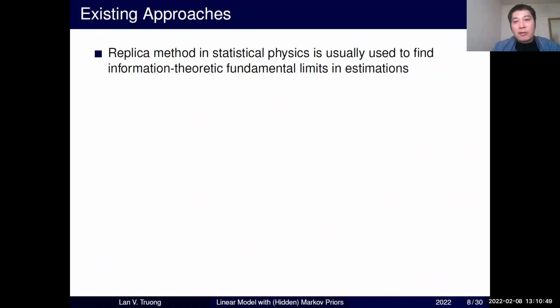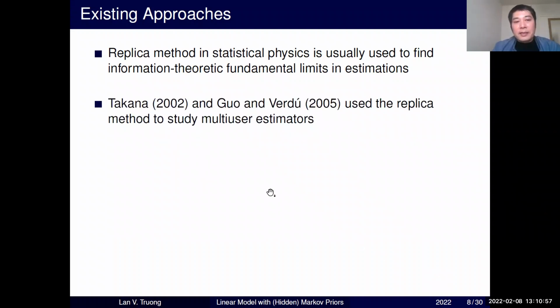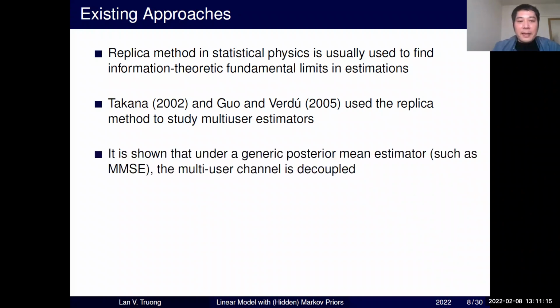To estimate this quantity, usually we use the replica method from statistical physics. Tanaka in 2002 and Guo and Verdu in 2005 used the replica method to study multi-user estimators. They studied a linear model; we can understand the multi-user channel as a linear model like the one we consider here. They showed that under a generic posterior mean estimator, for example MMSE, the multi-user channel is decoupled.